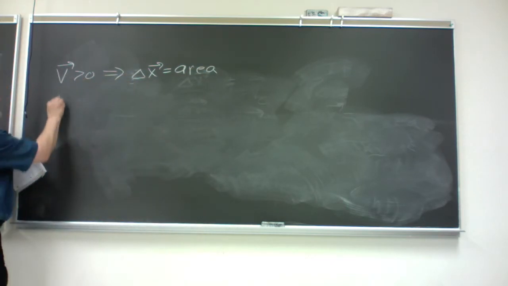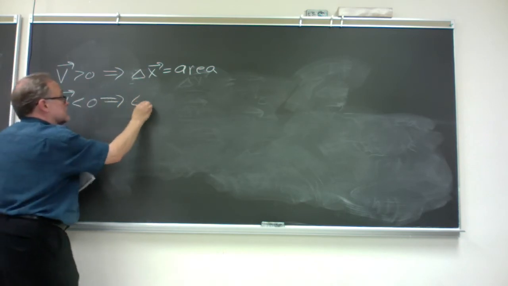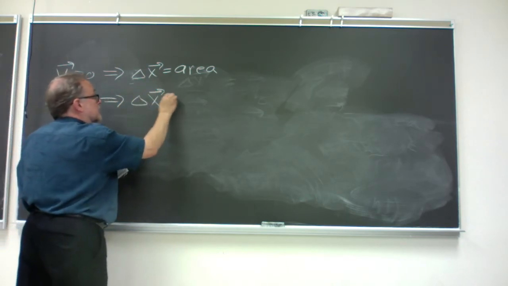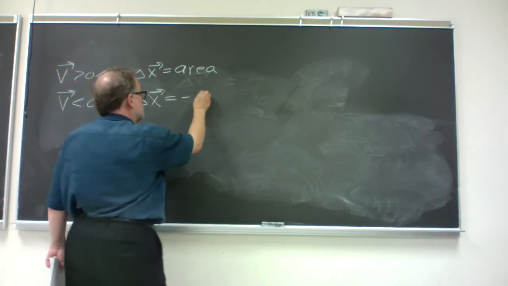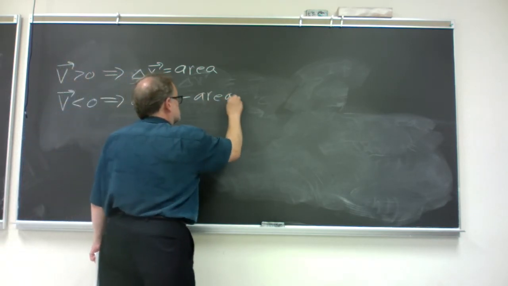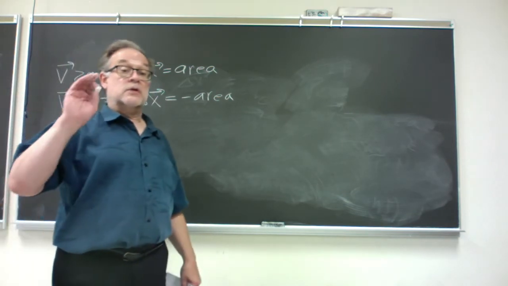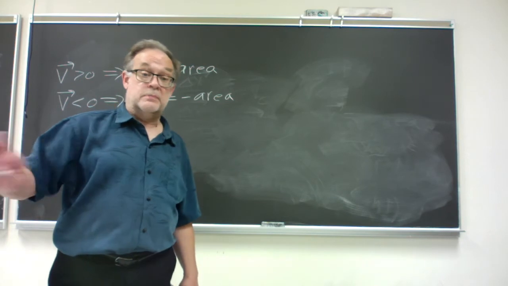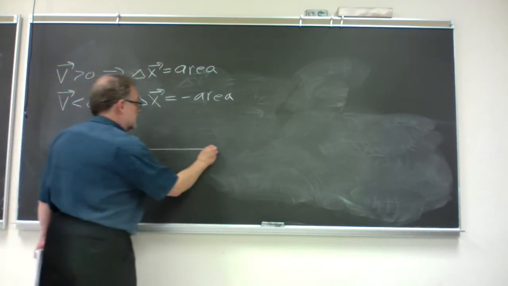If velocity is negative, if motion is in the negative direction, then that implies displacement you could calculate just by finding minus 1 times the area. And remember, these are areas on a velocity versus time graph, not position versus time. Let's say we have a velocity versus time graph that looks like this.